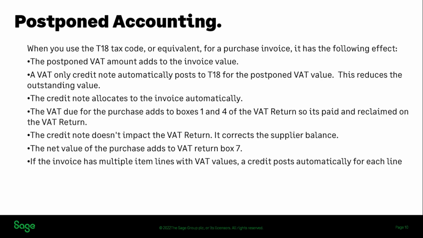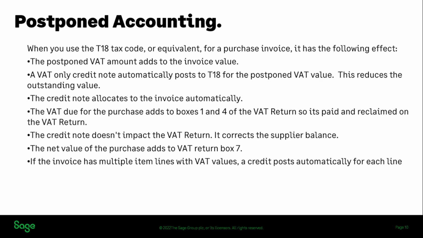And that reduces the outstanding value and corrects the supplier account for you. And it is automatically allocated to the invoice, so you don't need to do any allocations yourself. It will do the correct impact on the VAT return in boxes 1 and 4 of your VAT return. And that credit note, because it's a VAT only credit note, shouldn't impact your VAT return at all.